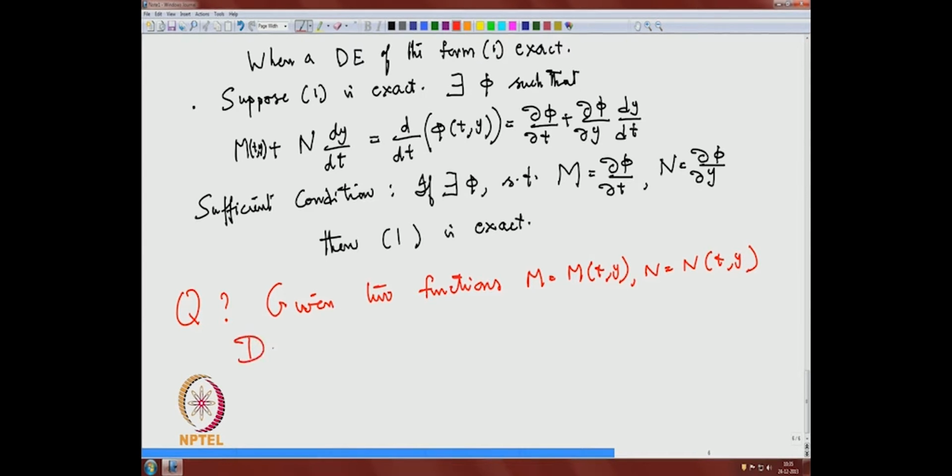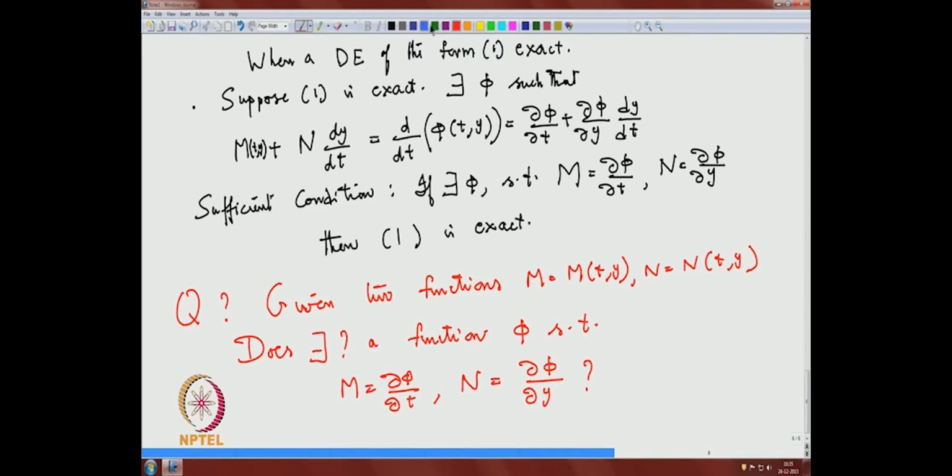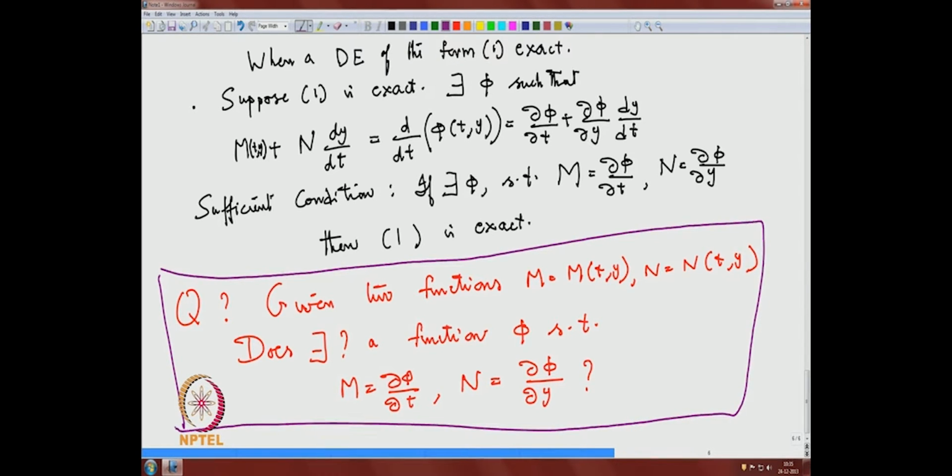Does there exist a function phi such that M is equal to d phi by dt and N is equal to d phi by dy? If you can do that, you can answer this question. So, the question of exactness of a differential equation can be answered if you can find that. That is the question we want to answer.